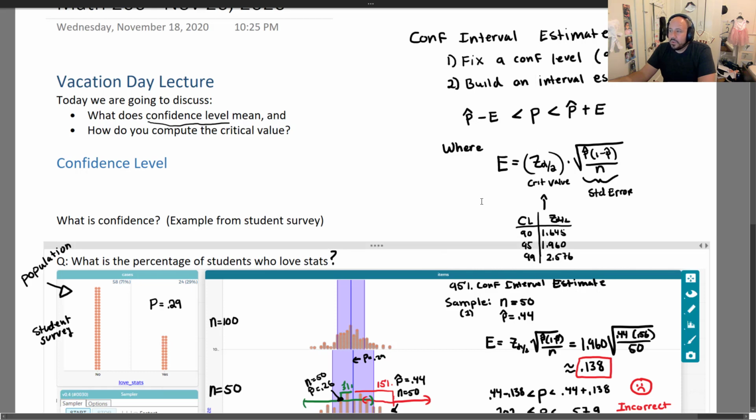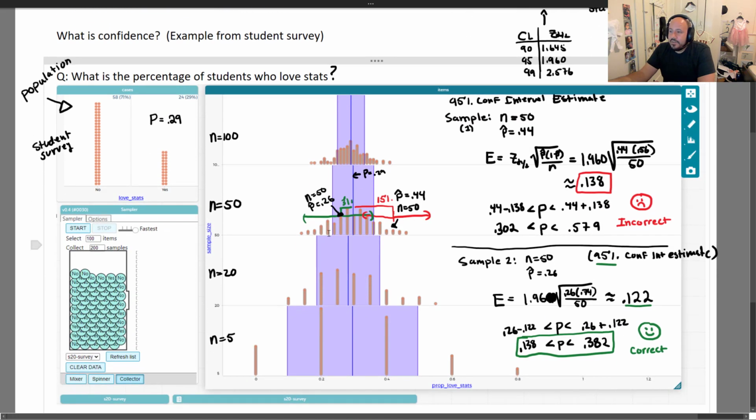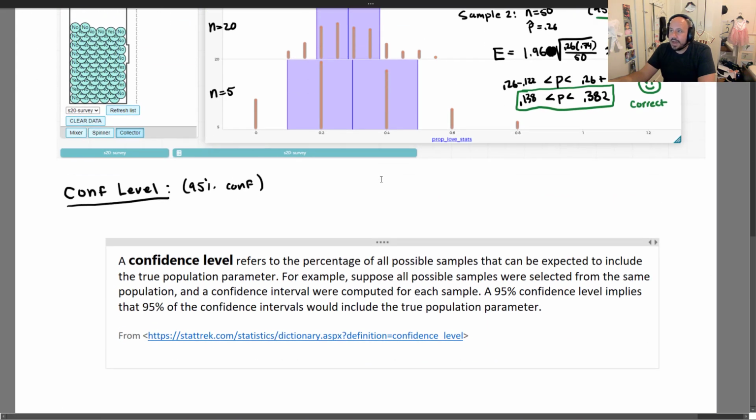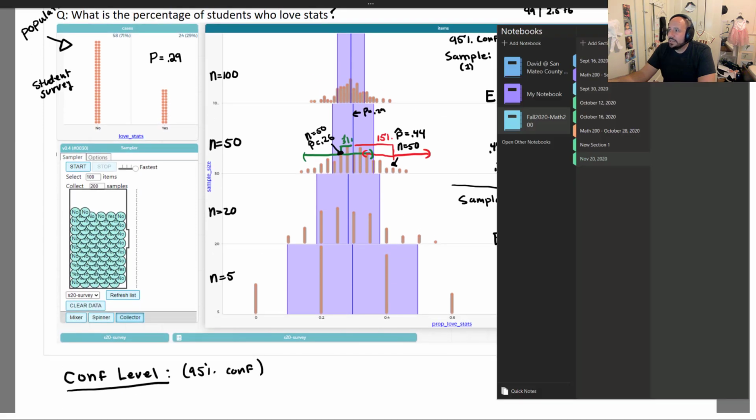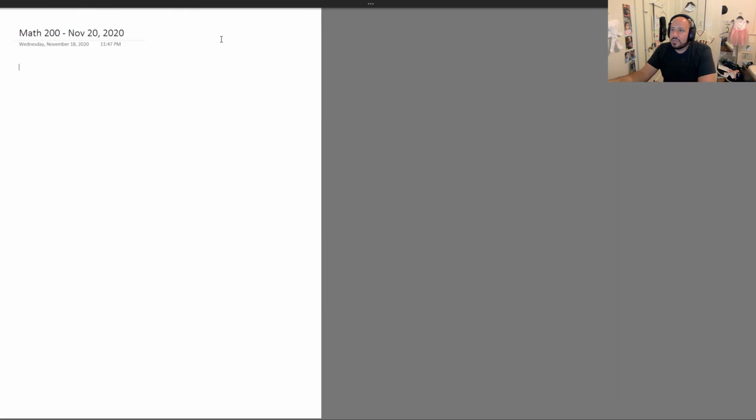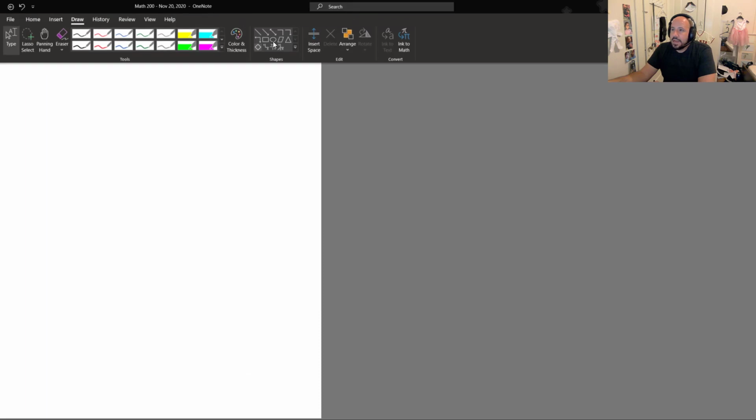And if you remember, that critical value changed depending on the confidence level, and really nothing else here had anything to do with the confidence level. So the key of getting 95% of these samples to ultimately be correct must have something to do with that critical value. So that's what I'm going to present in this next page.